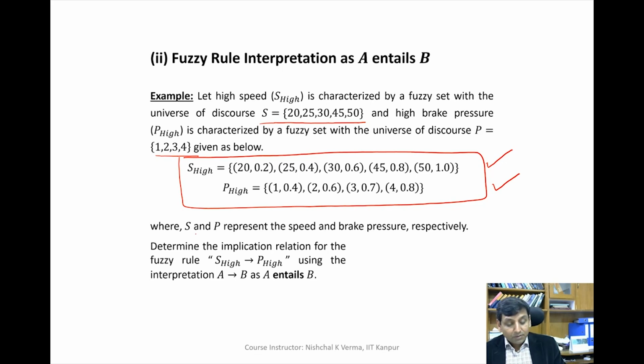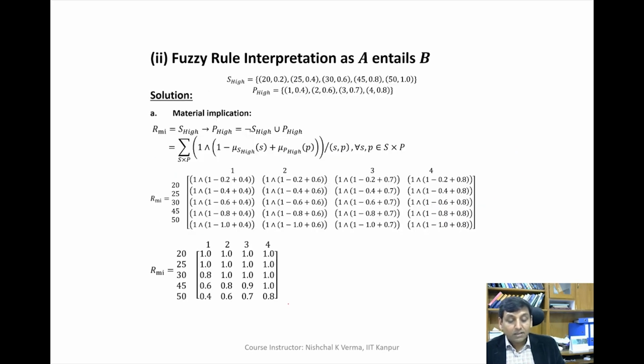Now, since we have S high and P high, we can go ahead and get the RMI. So this is RMI, the material implication. This is very simple here. When we use RMI, we use the negation of S high union P high, and this we already know how we get.